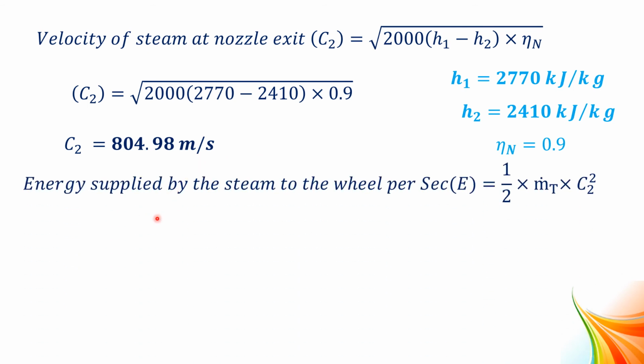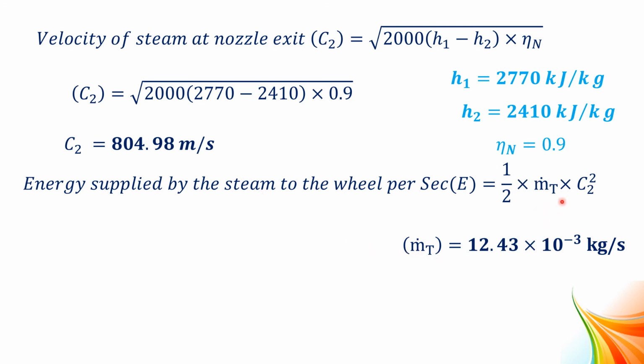Next we have to find out the energy supplied by steam to the wheel per second, E equal to half into mt into C2 square. Mt value we have already calculated, which is 12.43 into 10 to the power minus 3 kg per second, and C2 value is 804.98 meters per second.